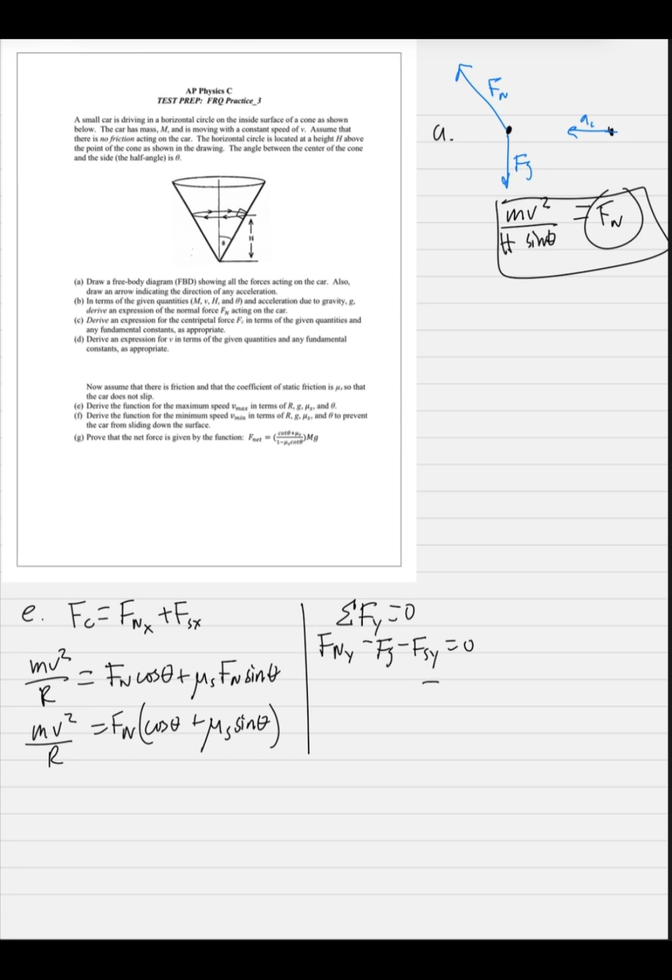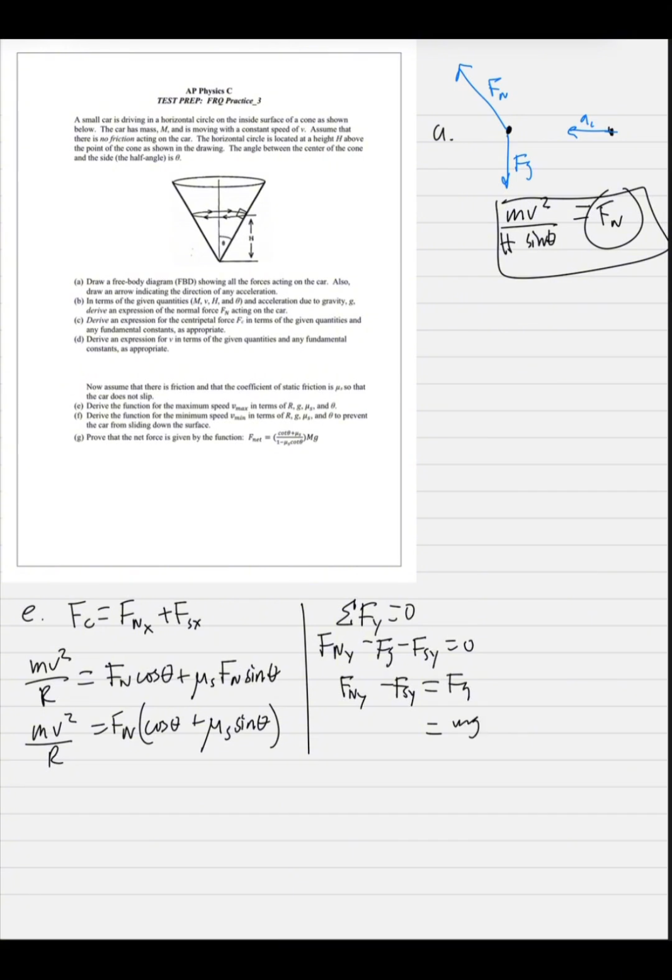We'll move Fg over to the other side, and we'll leave Fsy on the left side because my plan is to isolate Fn, and I know that Fstatic has Fn in its function.